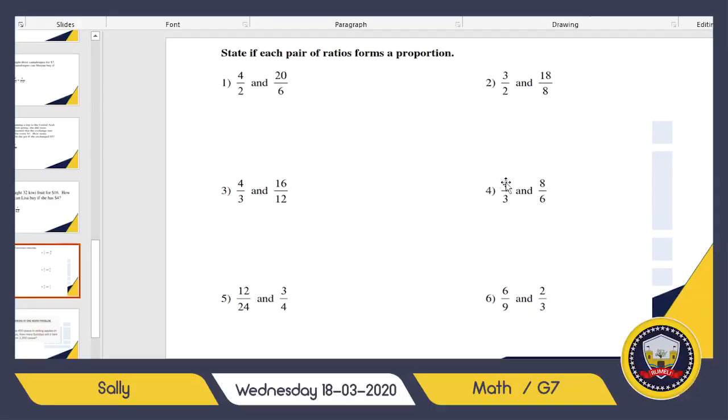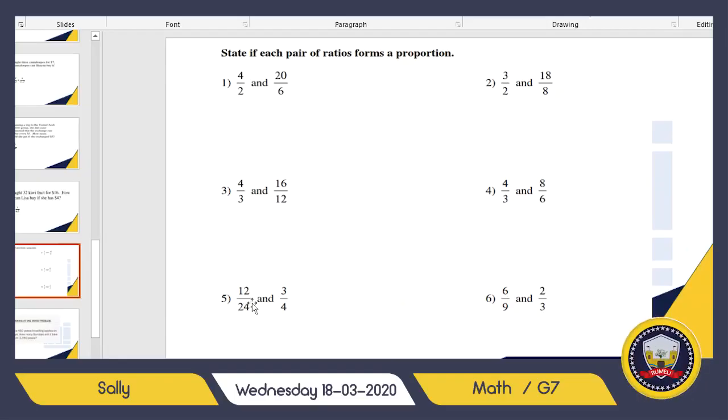So here, if you multiply 4 by 6, you put the answer up here, 24. And what about 3 times 8? 3 times 8 will give me also 24. So these two ratios are equal, and we said that proportions are equal ratios, you remember? So these two ratios give me the same answer, which is 24. So both ratios are proportion.